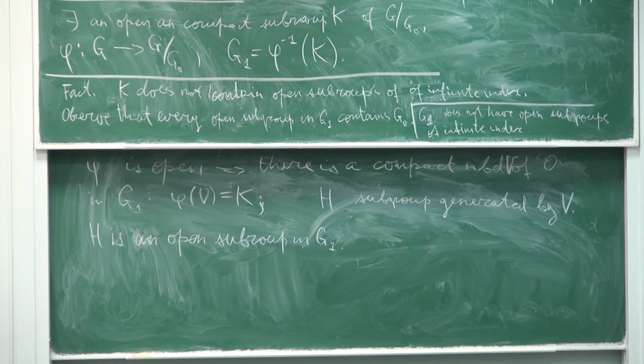A subgroup generated by an open neighborhood of 0 is clearly open itself.